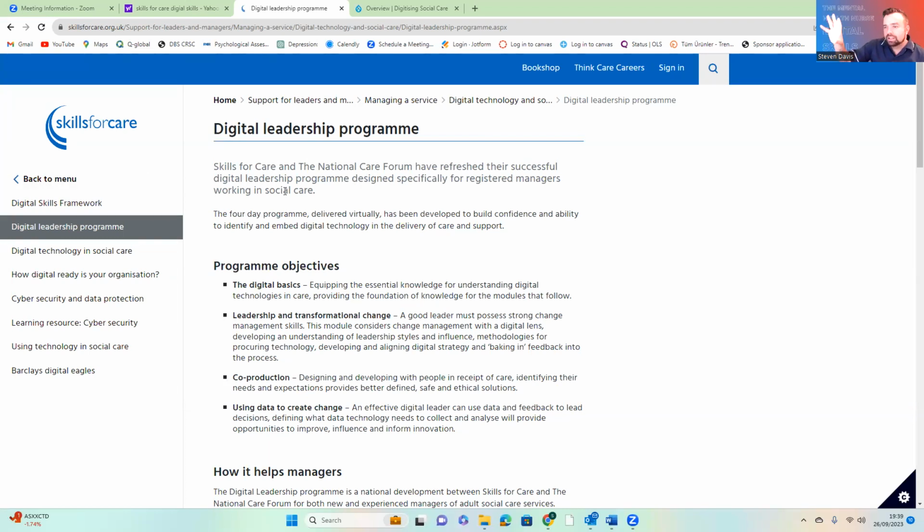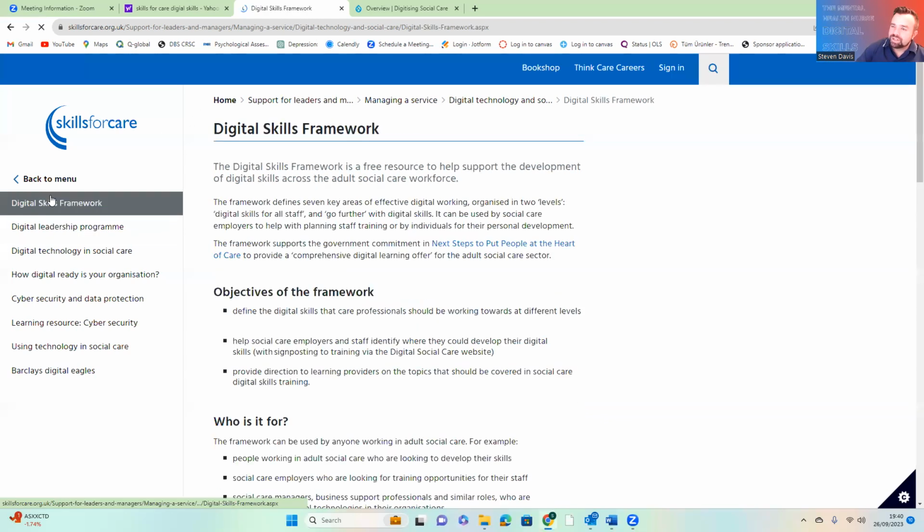So here, you can see on the Skills for Care page that they've got their own framework. So I'll pop this link below. But basically on here, if we start at the top, they have their digital skills framework. So there's loads of free resources in the Skills for Care website to enhance your staff's performances.